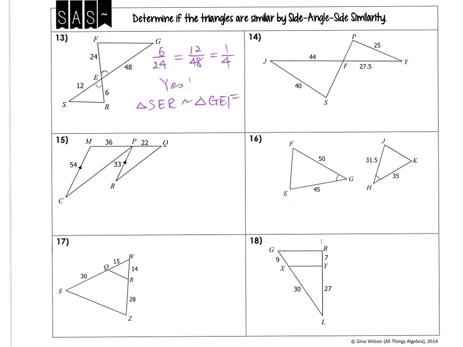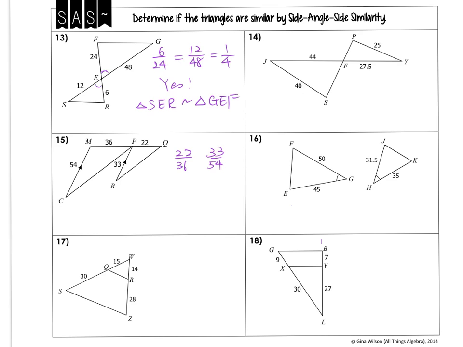Number 15. So two triangles, I have two sides. So I'm going to try the scale factor. The first triangle, the shortest side is 22. Longer one is 33. The second triangle, 36 is the shorter one, and 54 is the longer one.